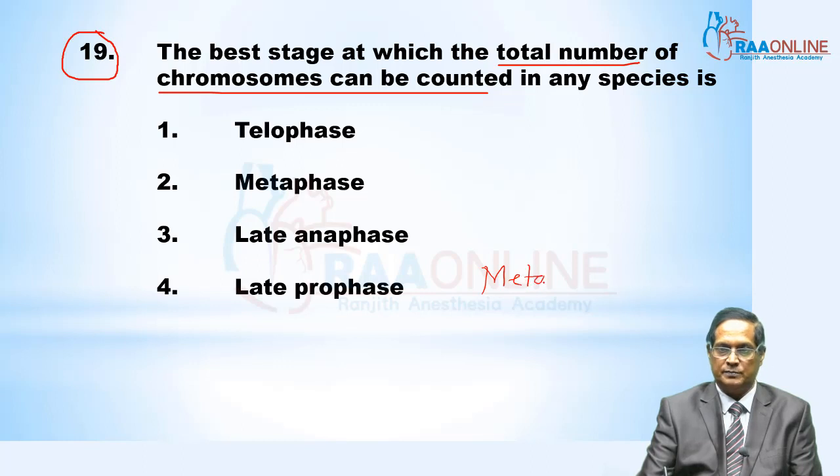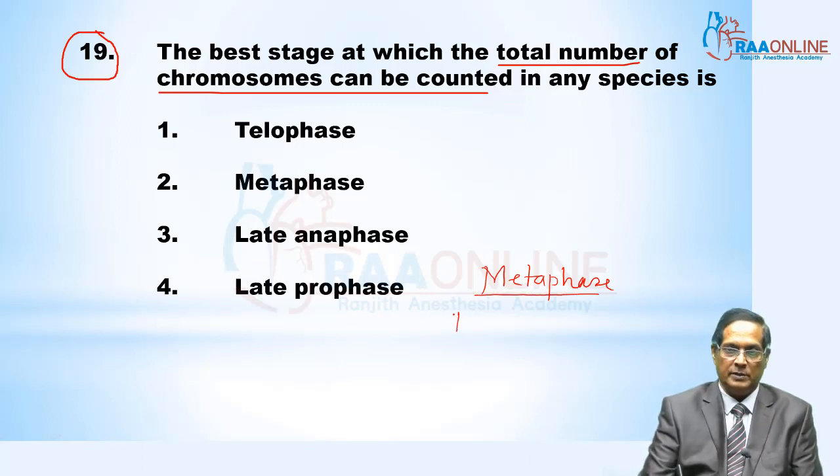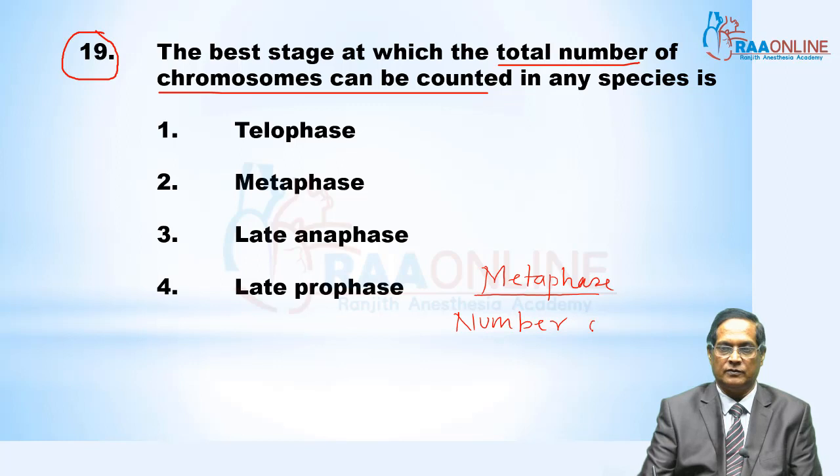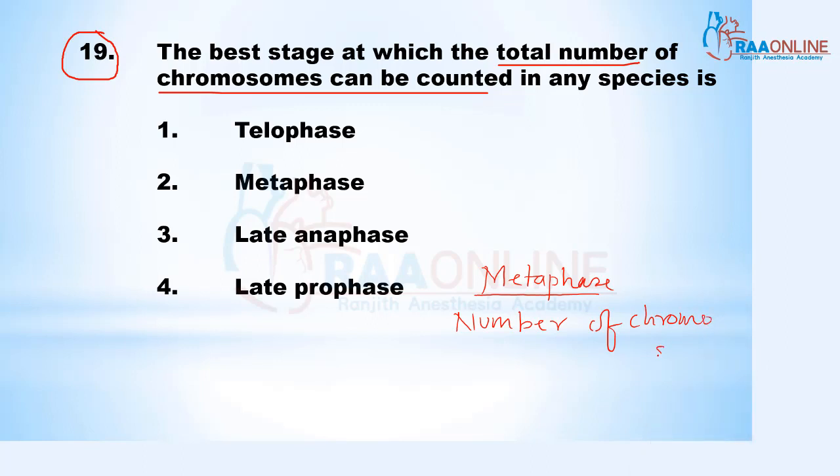Metaphase stage is the best phase to study the entire karyotype except shape. In metaphase, you can count the number of chromosomes.